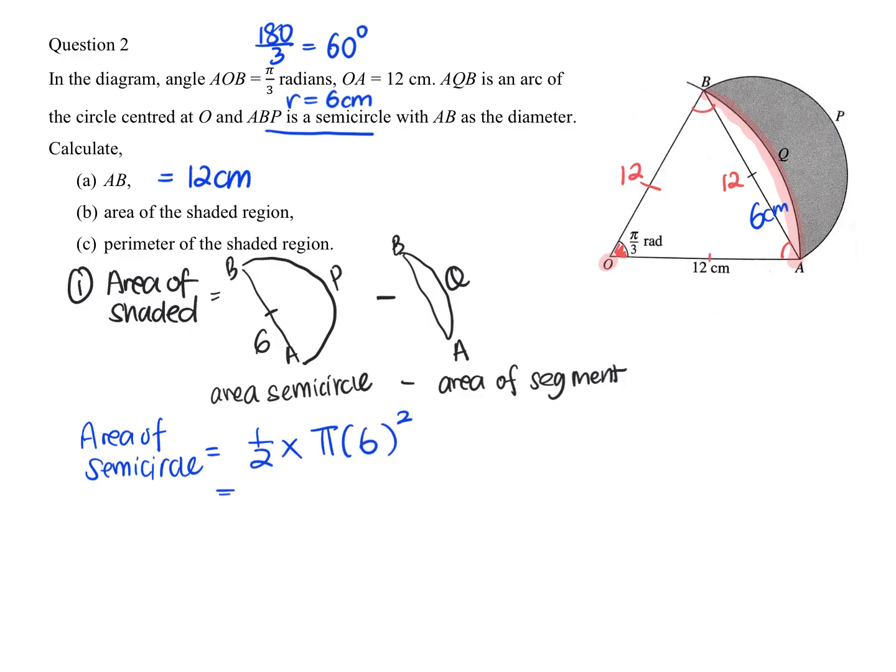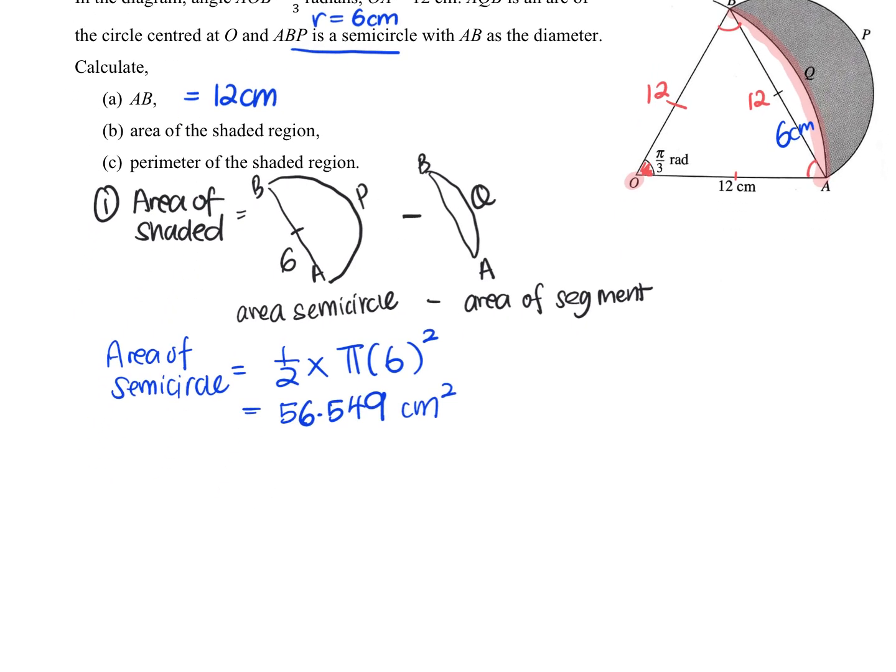So the area of my semicircle is not a nice number. So I shall round it to 5 significant figures, as accurate as possible: 56.549 cm squared. Not the final answer yet, so I'm not going to round it off yet.